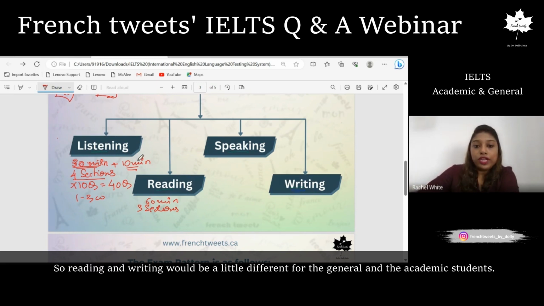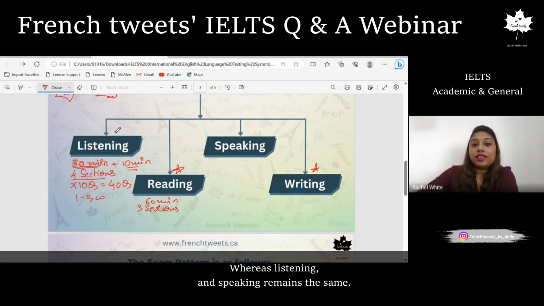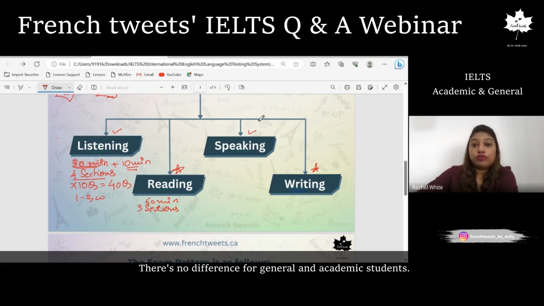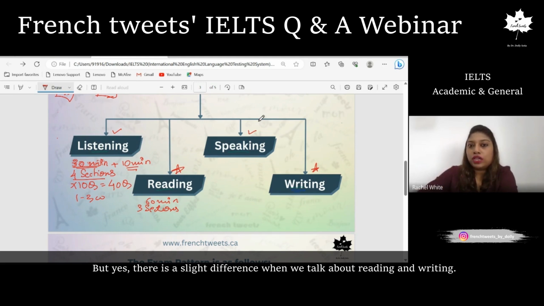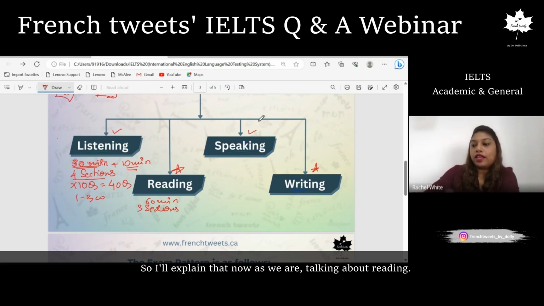Reading and writing would be a little different for the general and the academic students, whereas listening and speaking remain the same. There's no difference for general and academic students when it comes to the test pattern or the test content of listening. But yes, there is a slight difference when we talk about reading and writing. So I'll explain that now as we are talking about reading.